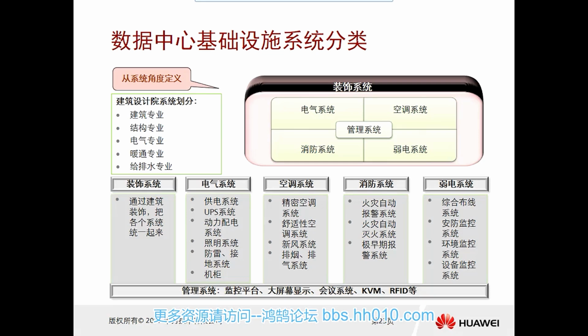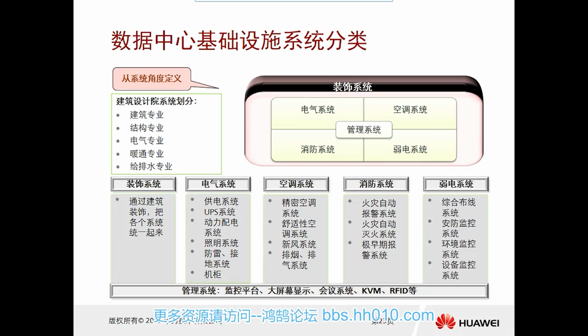Then the electrical system, including some power supply systems, UPS, power distribution system, lighting systems, etc. The cabinet here is relatively special. Some people also put the cabinet in the decoration system, or it can be said to be within the low voltage system, because we know the low voltage system completes data communication, right?